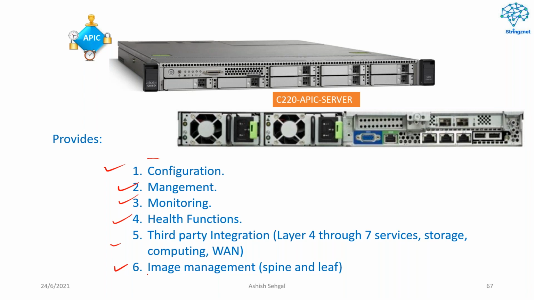It is a repository of all the firmware images. All right, firmware images for what? For itself as well as a separate image for spine and a separate image for leaf switches. Which means, when this controller has a higher image, say 4.2, and the leaf switches connected over here have image installed as 3.2, the moment you power it on, the communication happens between controller and the leaf switch.